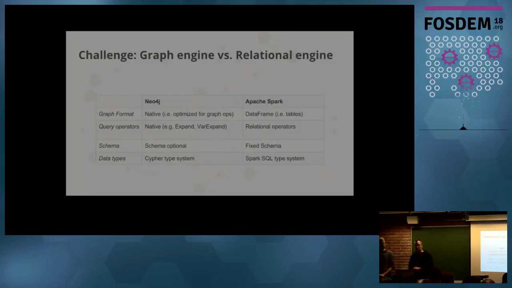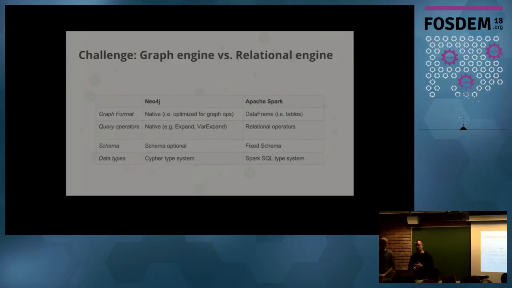As I mentioned, we have relational operators on the Spark side, and we have native graph operators on the Neo4j side. So, for example, expand is an operator where you get all the relationships of a specific node, or var expand to compute a variable length path expression. So, like someone knows someone over 1 to 10 hops. Then the schema, I already mentioned, we have schema optionality on the Neo4j side.